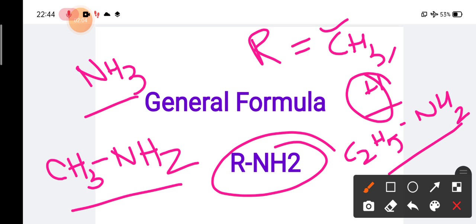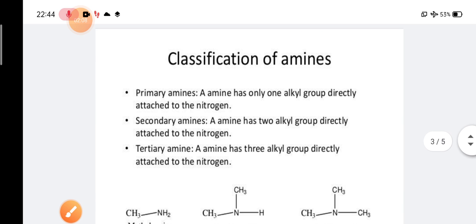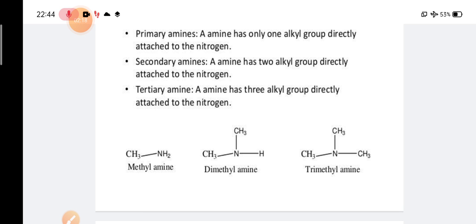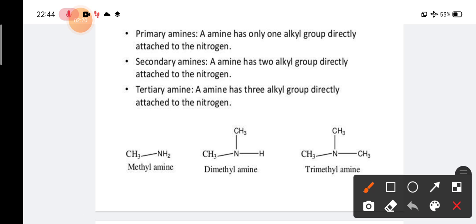So let's proceed. Now we would like to know the classification of amine. Any amine can be classified into three types, that is primary, secondary and tertiary. If the nitrogen of amine is connected to only one carbon, then it is called 1 degree or primary amine.